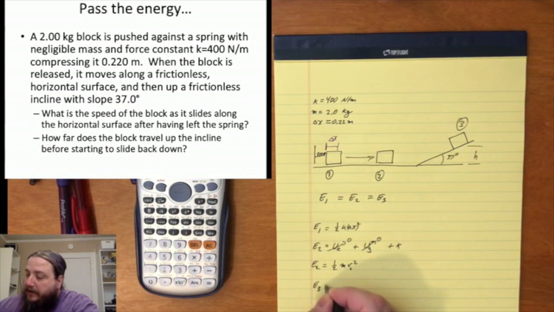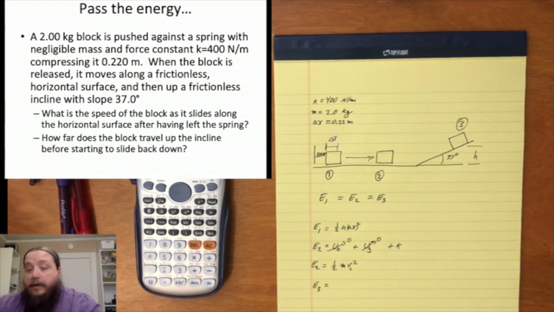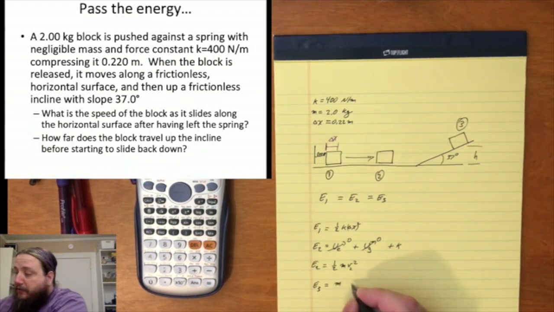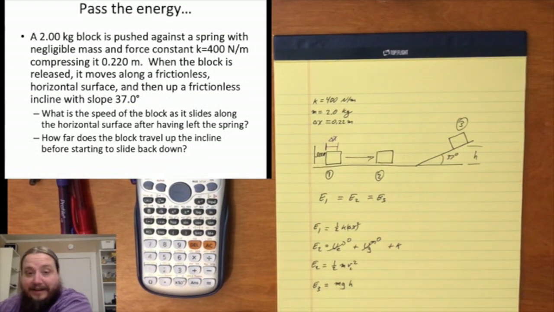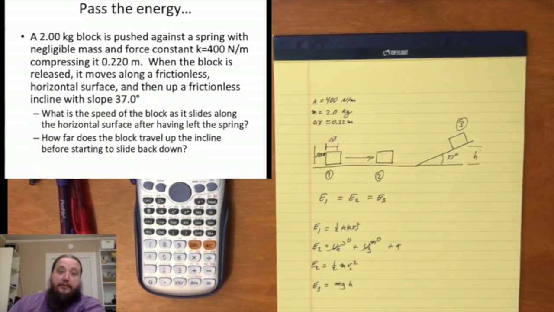At moment 3, there's no spring compression, so there's no elastic potential energy. The block isn't moving, so there's no kinetic energy, but there is gravitational potential energy, which is the mass of our box times gravity times the height at which we reached our maximum height above the ground.